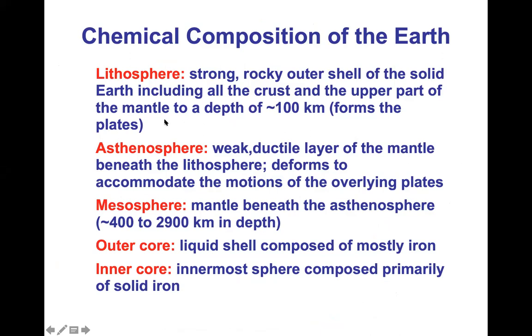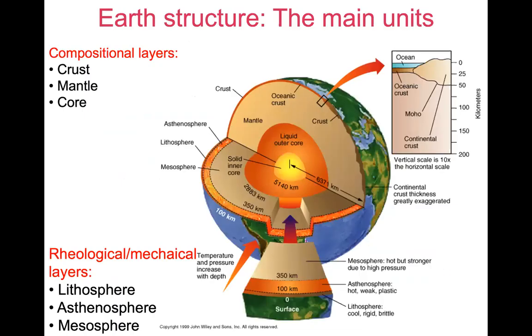The reason is that this is the part composed mainly of rocks. Other parts also contain rocks, but not as solid as the lithosphere. Then the second layer below the rocky part of the Earth, this asthenosphere, is very hot.